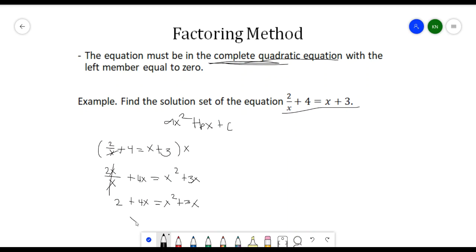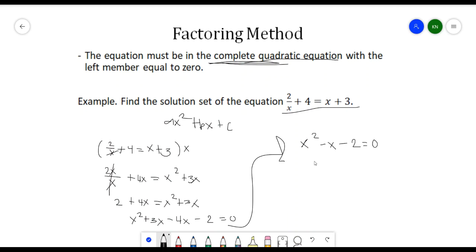We now have x squared plus 3x, and moving the other terms to the other side of the equation, we have minus 4x and then minus 2, equivalent to 0. That gives us x squared, 3x minus 4x, that is minus x, minus 2 is equal to 0.